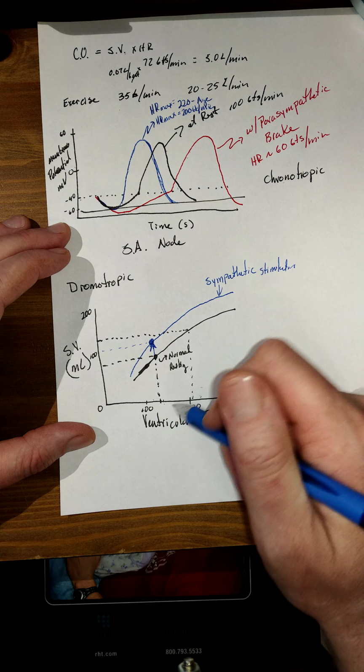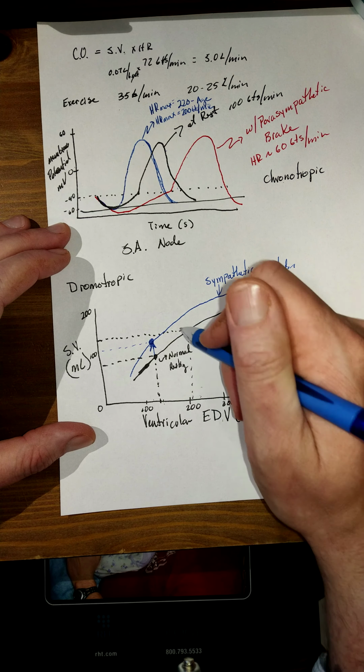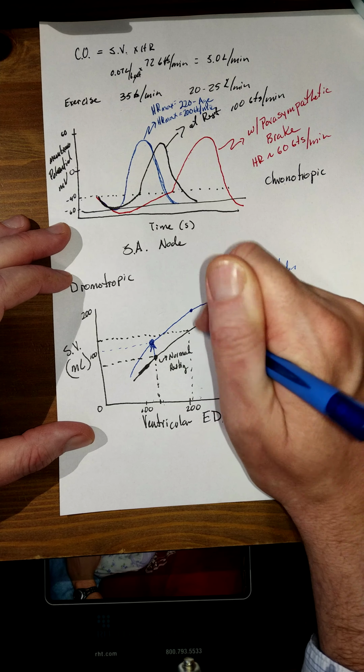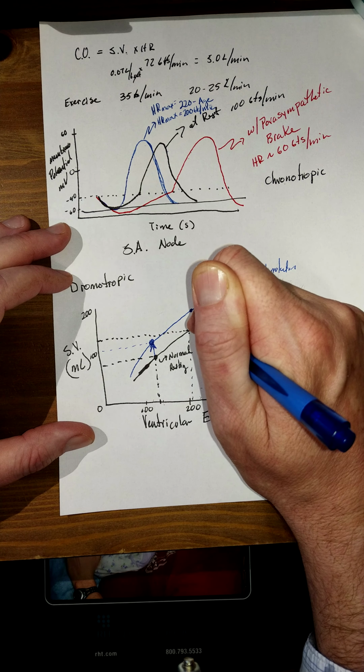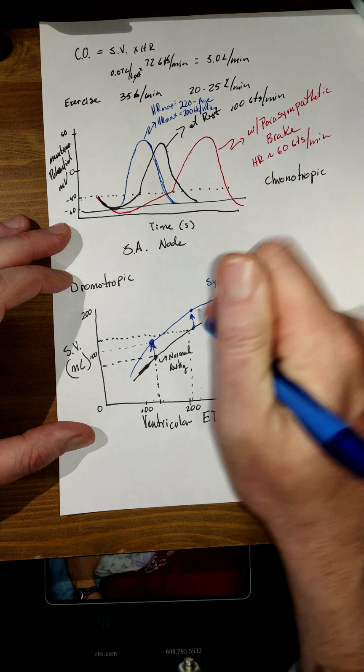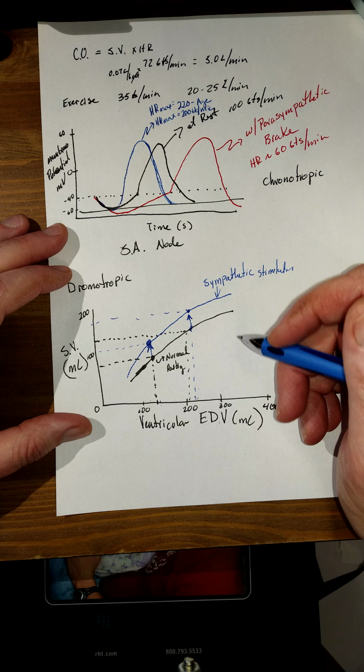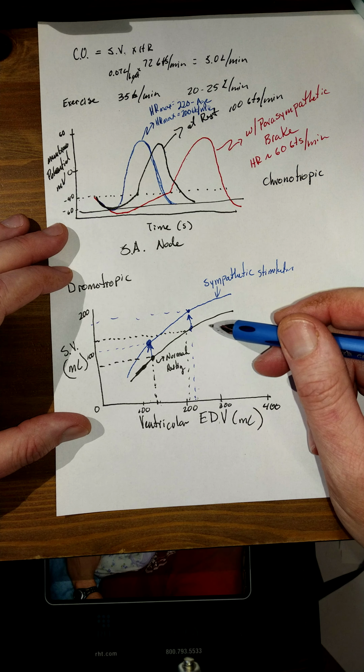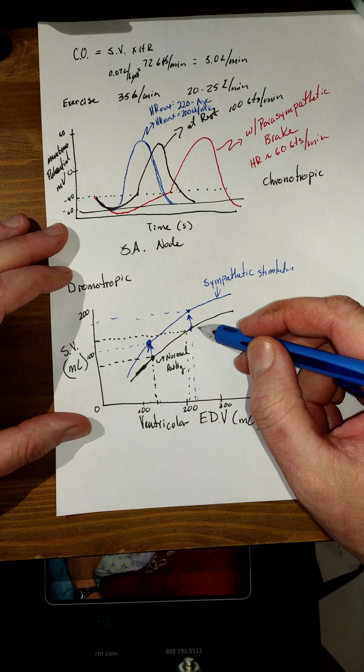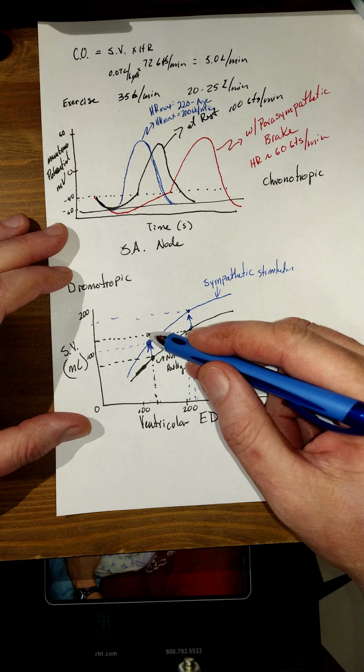But if we increase our end diastolic volume, let's say we're exercising and more blood is being returned to the heart via the vena cava, we'd be around here somewhere, and our contractility from normal resting range has increased as well. So we would be able to increase our stroke volume and our end diastolic volume. So you can see how sympathetic stimulation causes an increased contractility of ventricular muscles. Stroke volume is increased at any given end diastolic volume. So as we increase end diastolic volume, we're always increasing stroke volume.